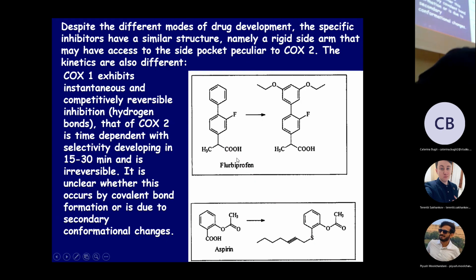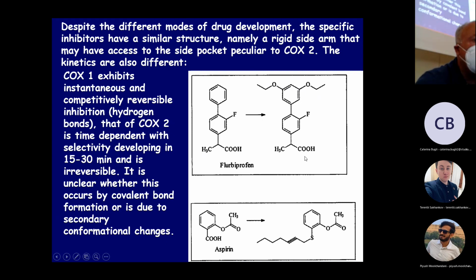How we can reach the selectivity towards COX-2 instead of COX-1? We have flurbiprofen. Flurbiprofen, it is a derivative of propionic acid, you see. If we introduce these two side arms, side chains, we can have a selective interaction with the COX-2, but not with COX-1. Why?